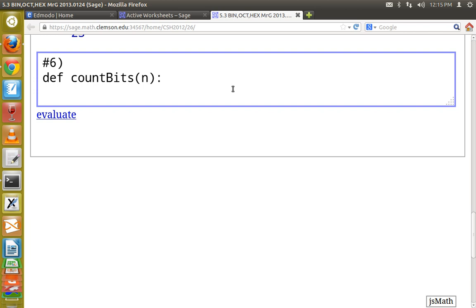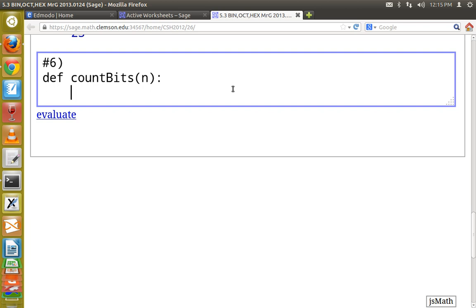So n mod 2 returns the rightmost or least significant digit, the ones place, in the binary representation of n. A mod b is read a modulo b and means the remainder when you divide. Also, n div 2 divides n by 2 and truncates the result to an integer, in effect shifting the binary digits to the right by 1 and getting rid of the least significant digit.